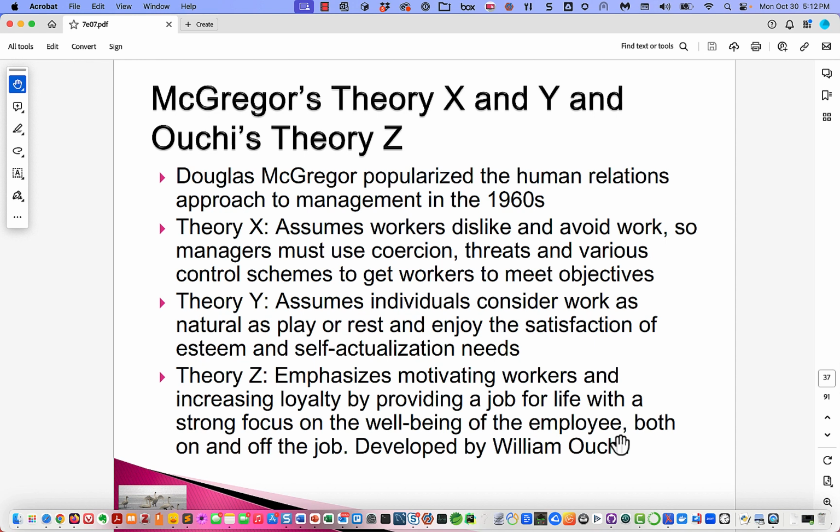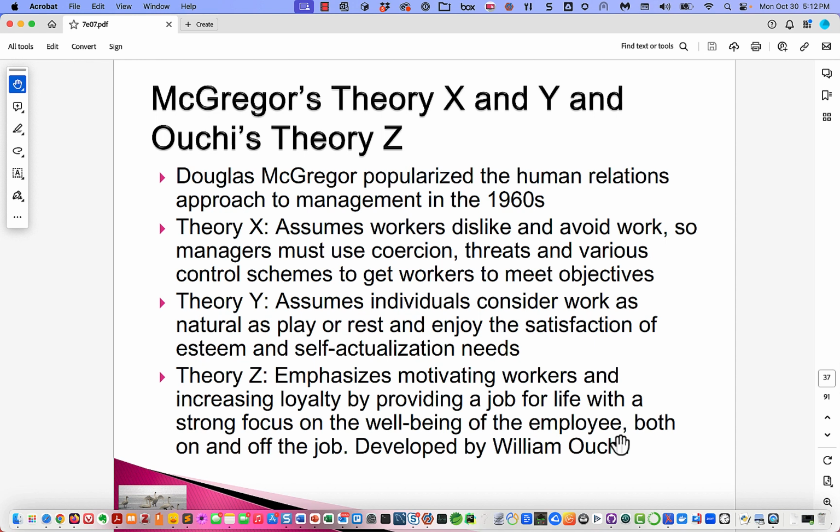Now, Ouchi has the theory Z. He emphasizes motivating workers and increasing loyalty by providing a job for life with a strong focus on well-being of the employee, both on and off the job.